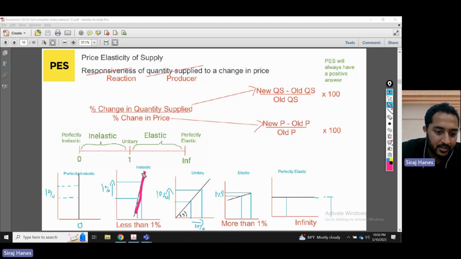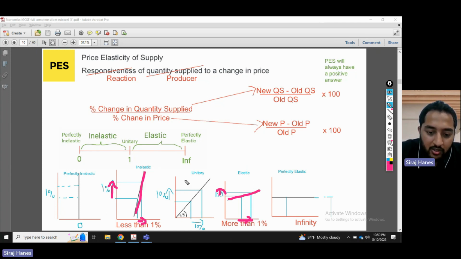You have the inelastic curve, which means the price goes up by 1%, a small amount of producers will increase. Not many producers will increase. Even though the price goes up, not many will increase. Here it's elastic. Price goes up by 1%, a lot of people will increase supply.